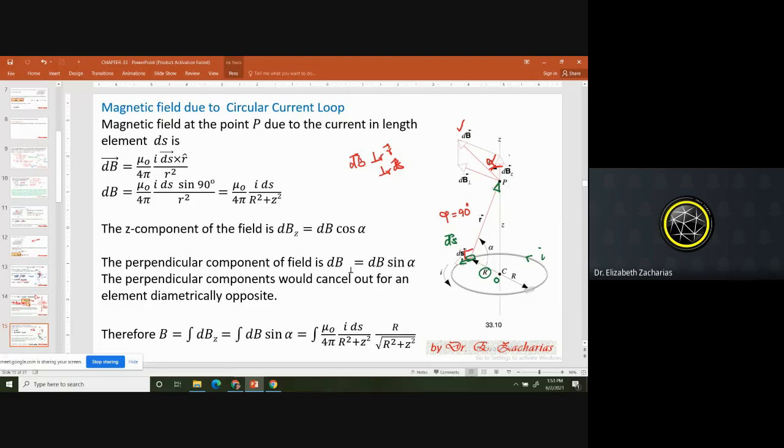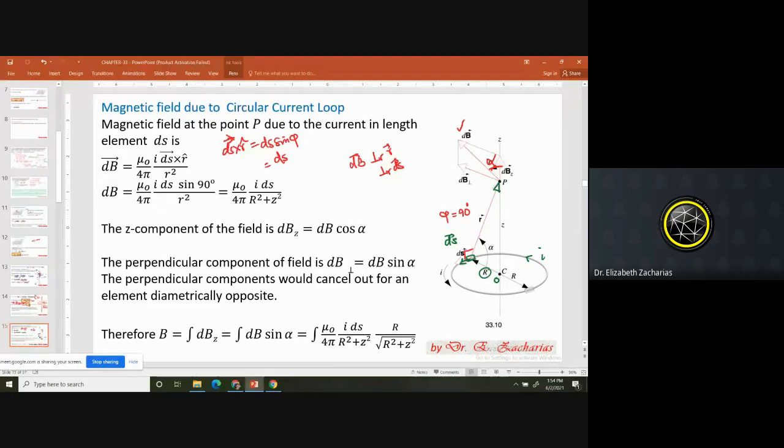Okay. Next, let us write what this dB is. dB is mu naught I by 4 pi, I ds cross r by r square. Then ds cross r cap, we can write it as ds sine phi, which is equal to ds as phi is equal to 90.